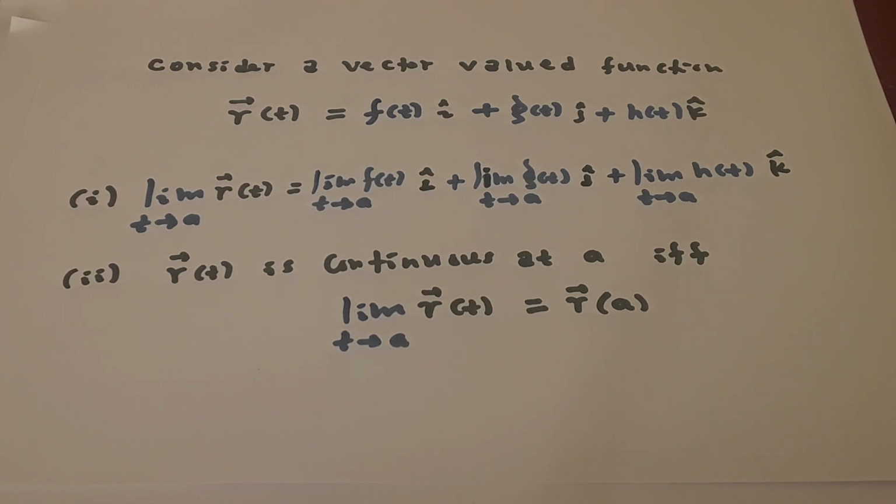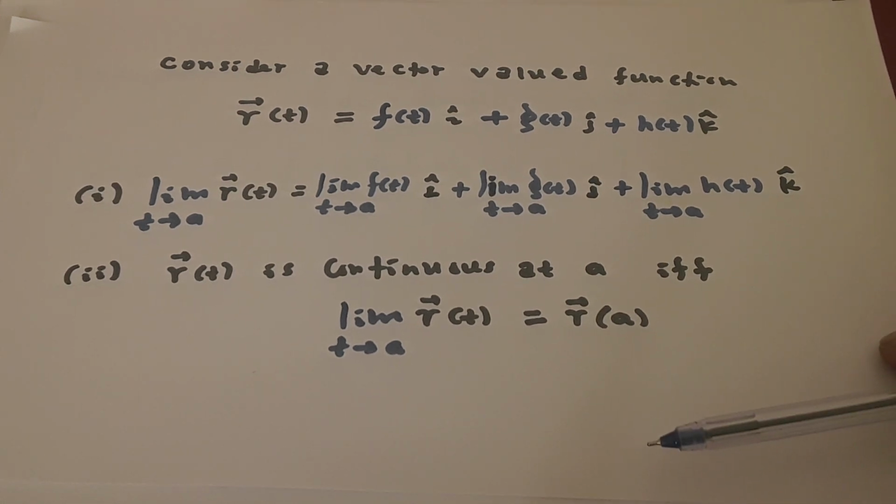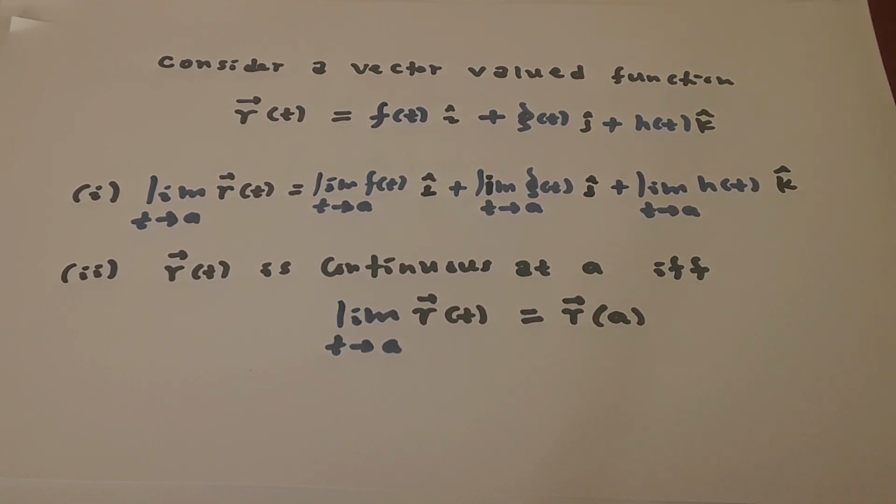You may use the basic properties: the constant multiple rule, the sum rule, the difference rule, the product rule, or the power rule. Any of these forms can also work for such functions, due to the scalar values of the individual functions.